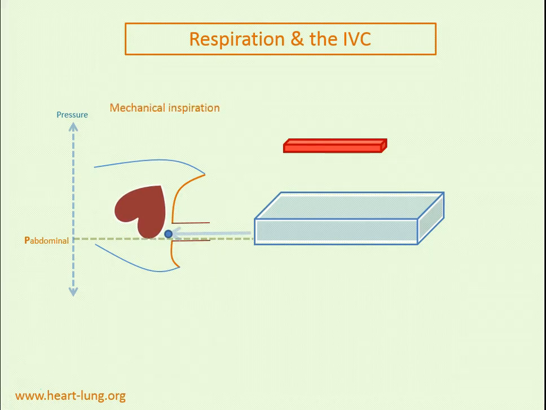Now, what happens with a purely mechanical inspiration? This is the patient that you've just intubated and is paralyzed, or the patient is heavily sedated and making zero inspiratory efforts. In this situation, the pressure in the thorax rises relative to intra-abdominal pressure, you can see here, and that's going to cause IVC dilation.